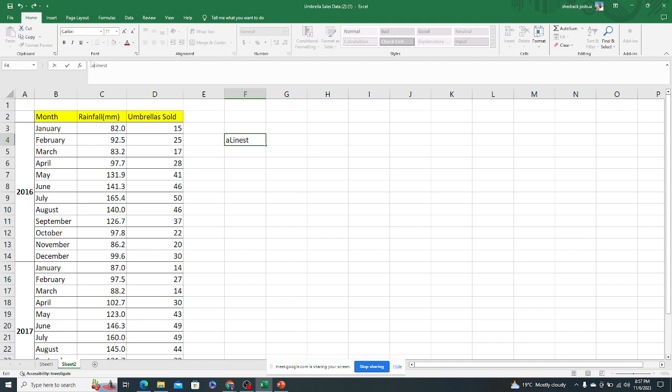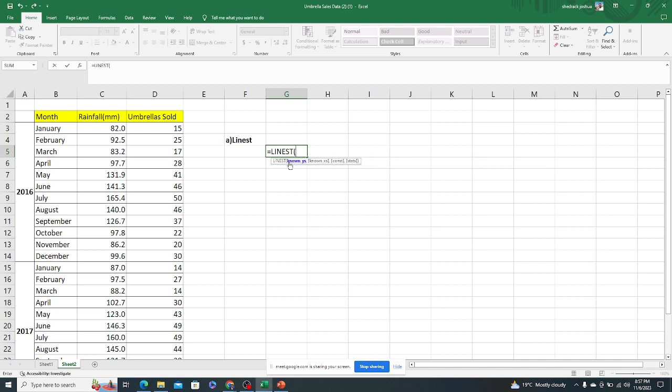Let's try and see what output we get. It will be equal to LINEST, and you can see it returns statistics that describe a linear trend, matching known data points, by fitting a straight line using the least squares method.